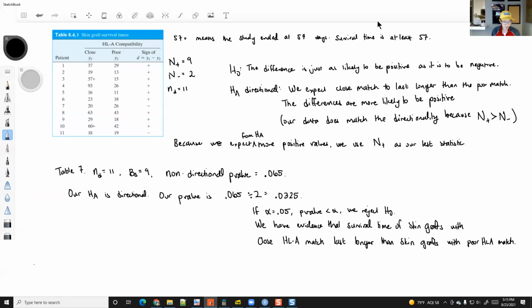All right. Sometimes, and we didn't do an example, but sometimes y1 equals y2, right? And the difference is 0. Okay, 0 is neither positive nor negative.